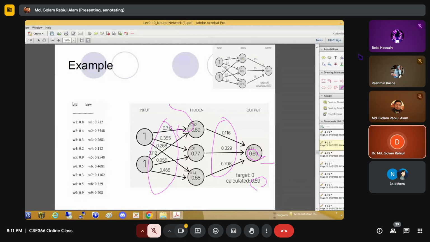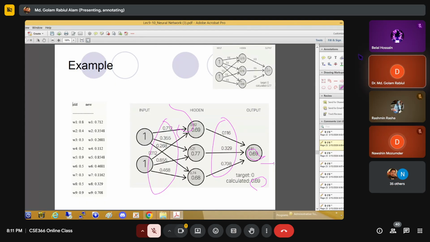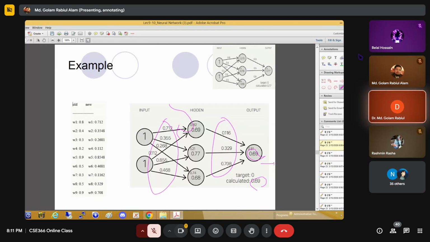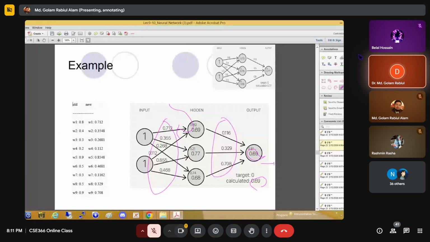Previously it was 0.774. 0.774 is far from 0, but 0.69 is better than the previous value, because it is closer to 0. That means if we compute the error, it will be less error.